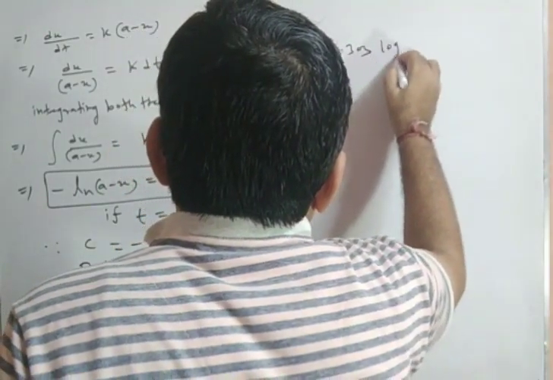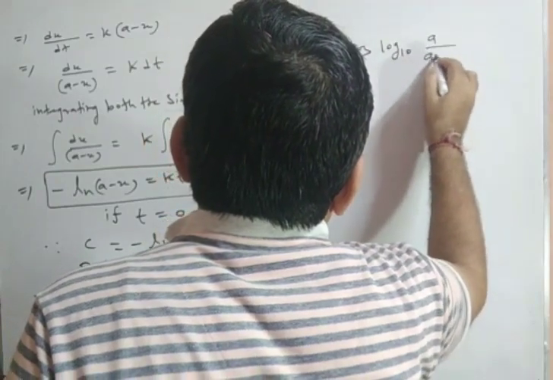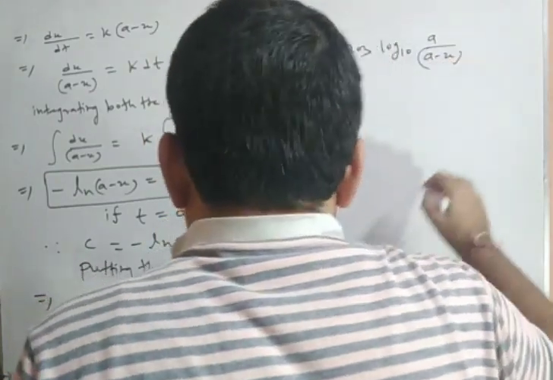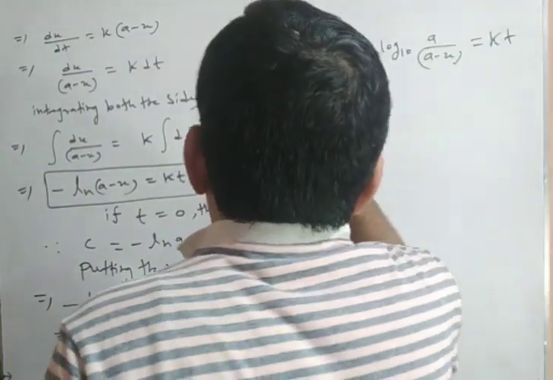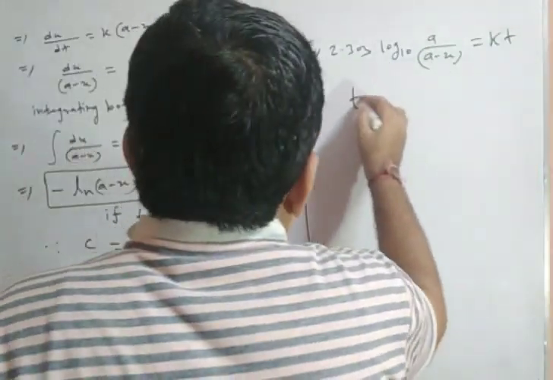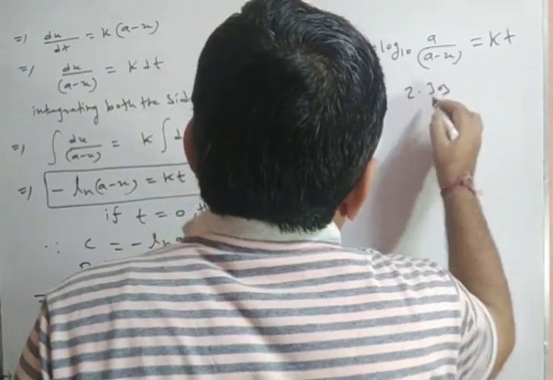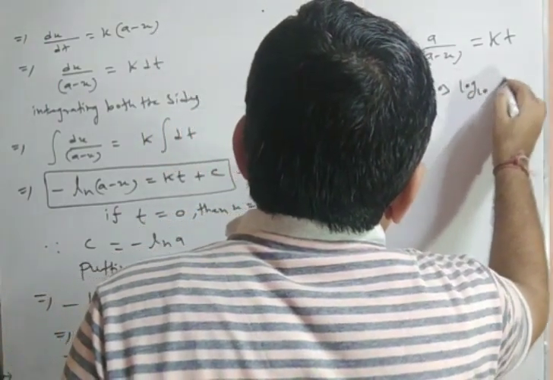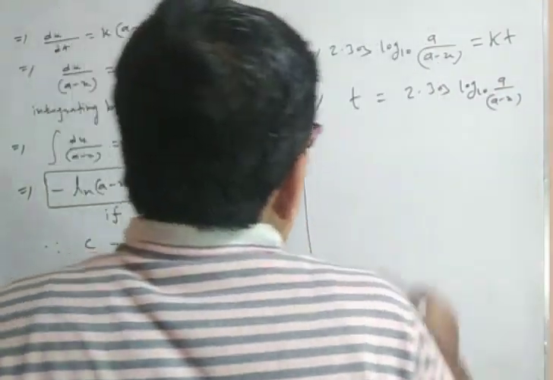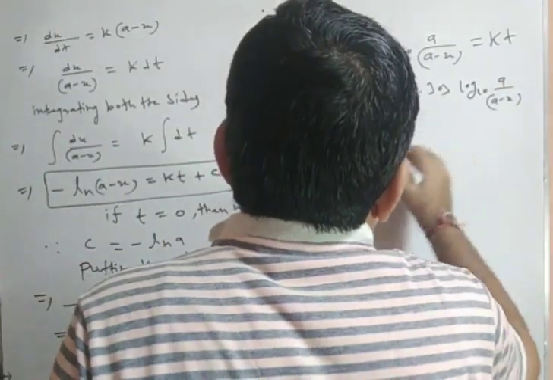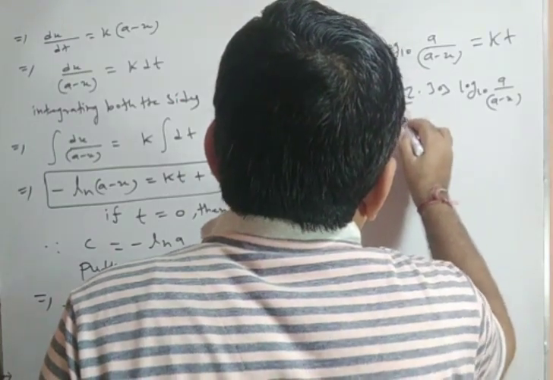So again we can write 2.303 log base 10 a by (a minus x) is equal to what? kt. Or you can say t is equal to 2.303 log base 10 a by (a minus x) divided by what? 1 by k.